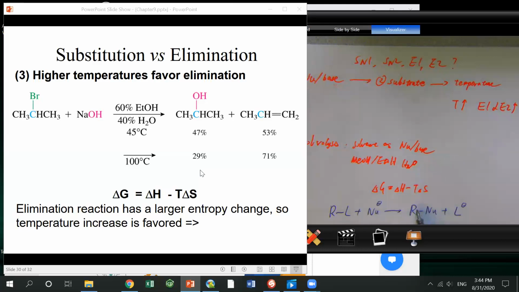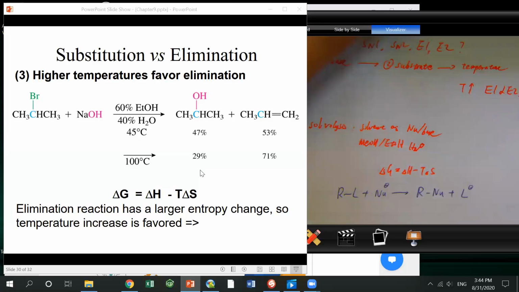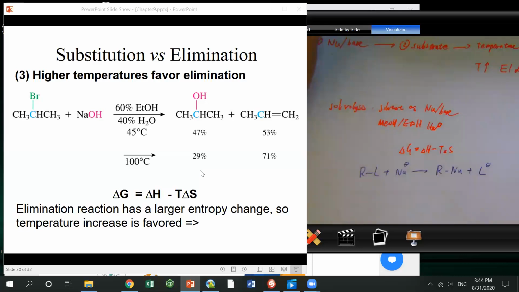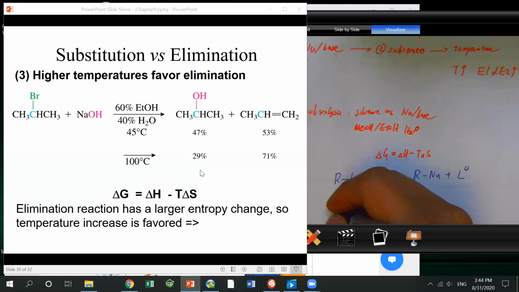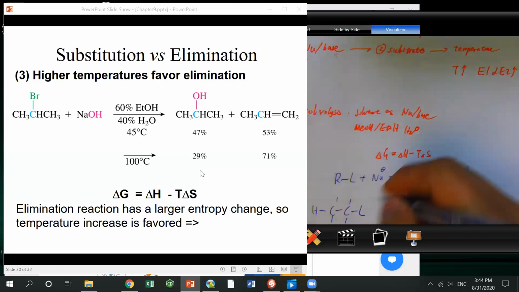But elimination reactions are more sensitive to temperature. The reason is that you generate more species.